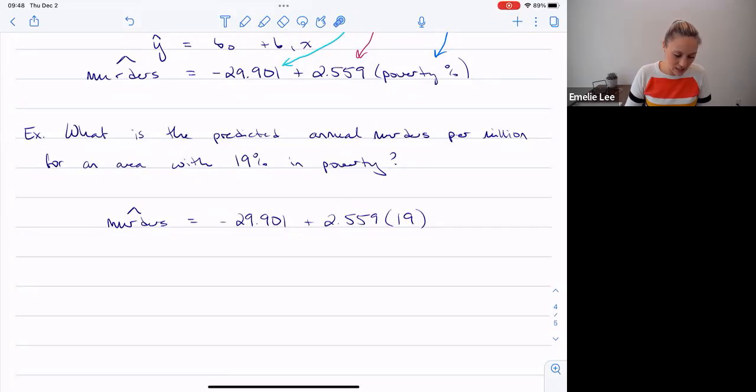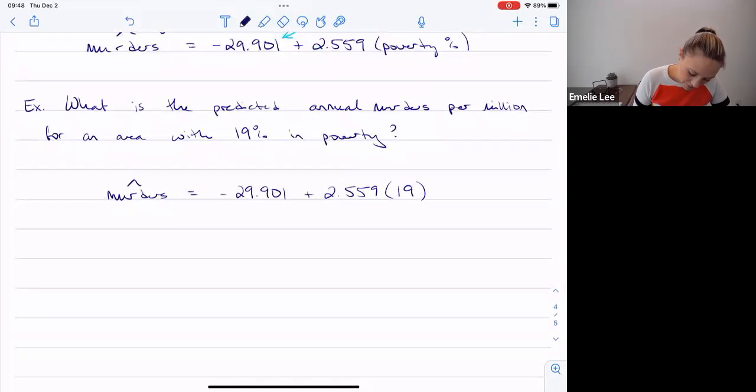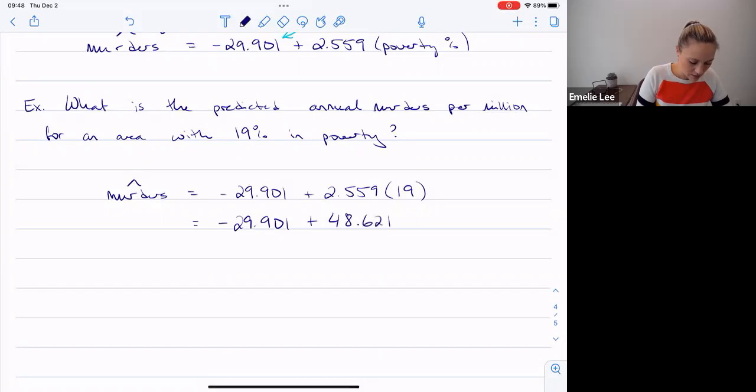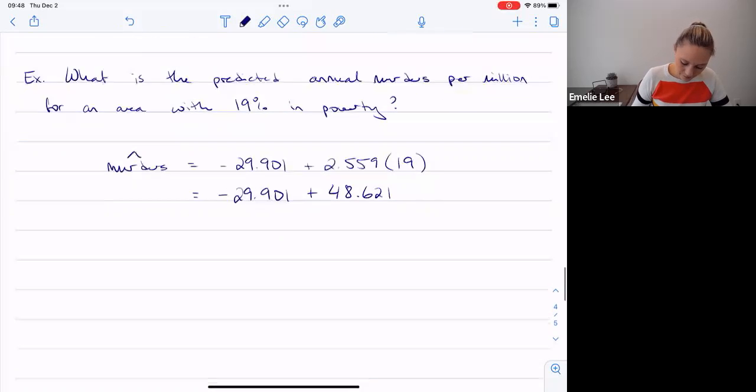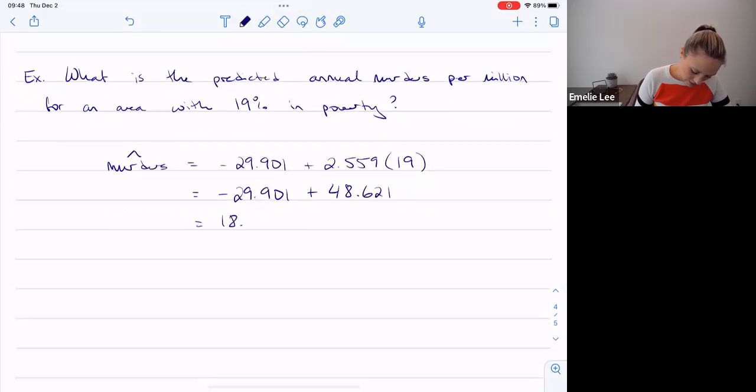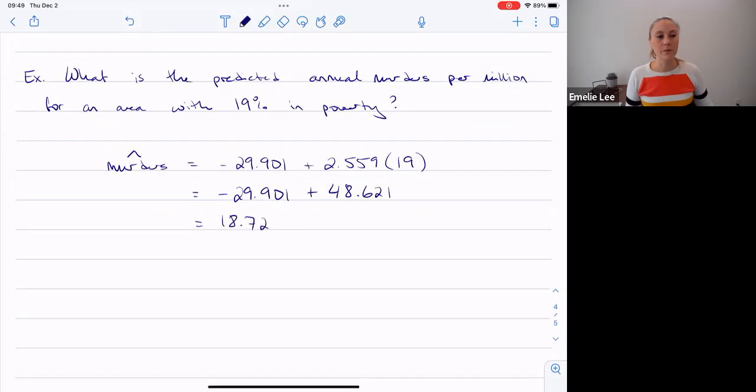I'm going to show the steps. Of course, you don't have to, but it's nice to do it. 48.621 minus 29.901 is 18.72.